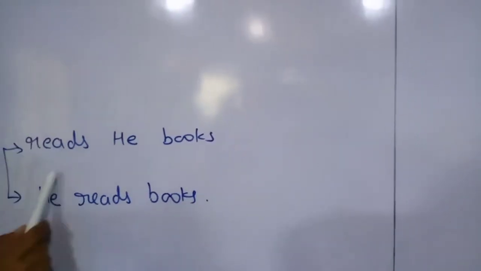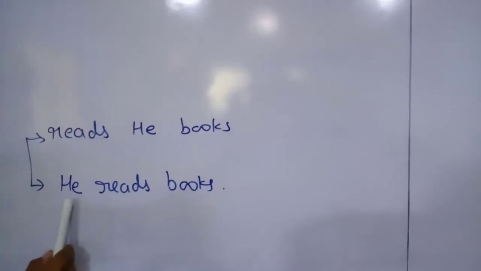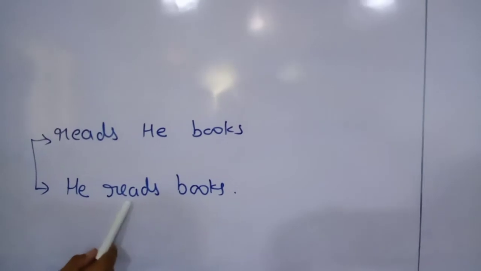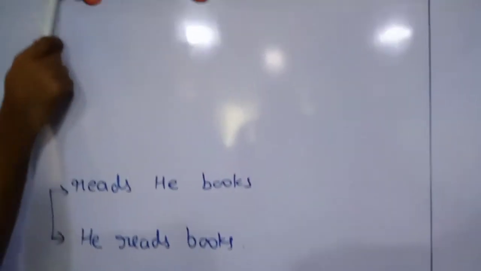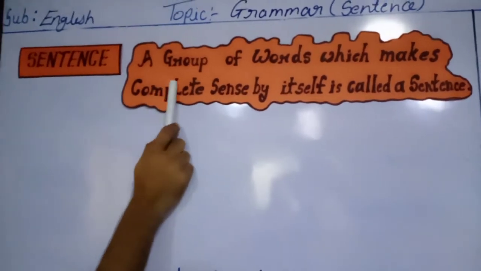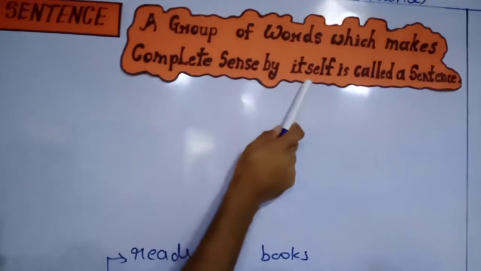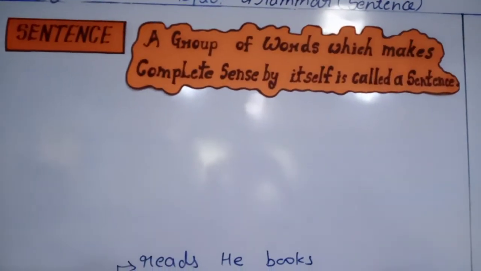When we arrange them properly in a different order, it makes sense: he reads a book. So this is called a sentence. The same thing we are learning in our definition of the sentence.